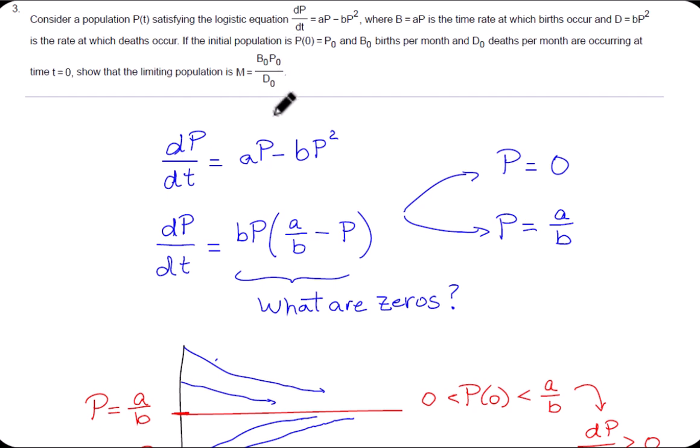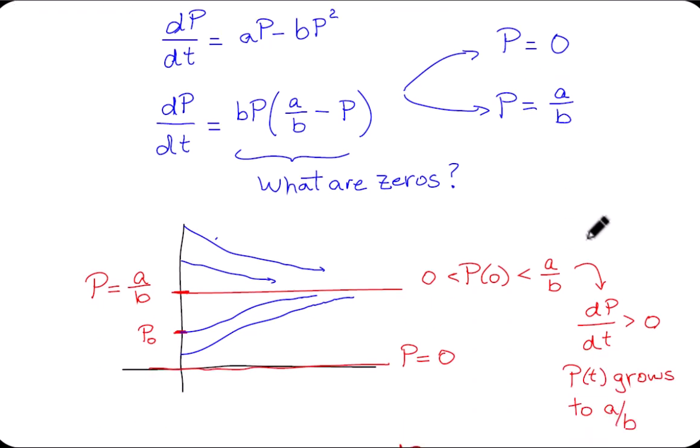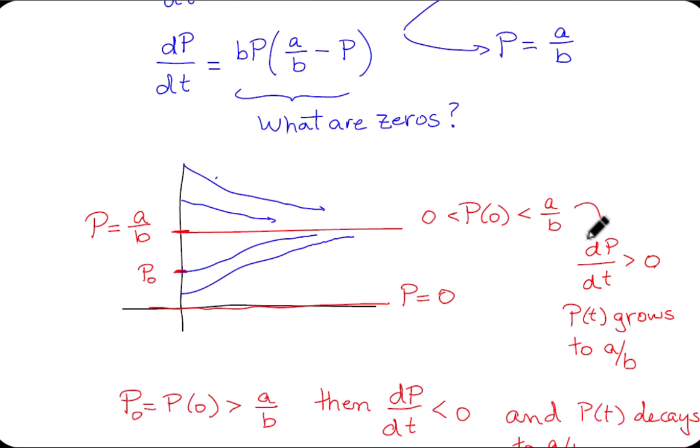Well, if I look at the right-hand side and I factor out a BP, I get something that looks like this product. And what are the zeros? The zeros there are P is 0, and P equals A over B. So these are the two zeros, and A over B is going to be the limiting population.